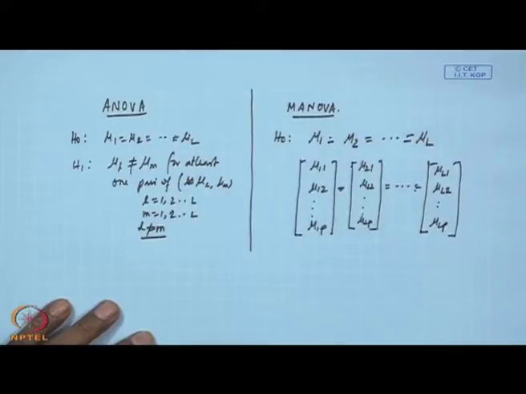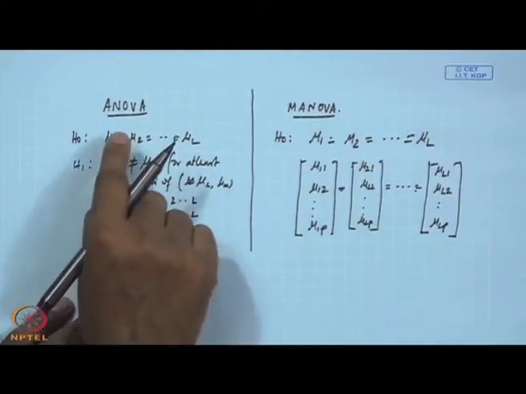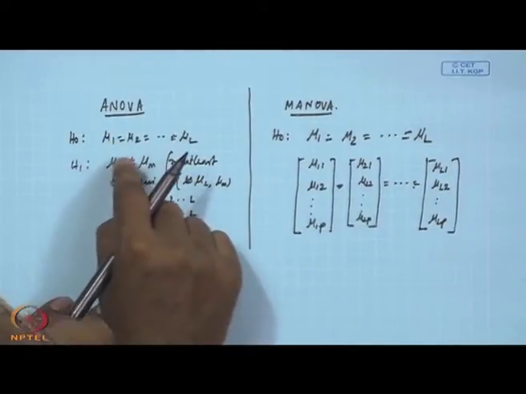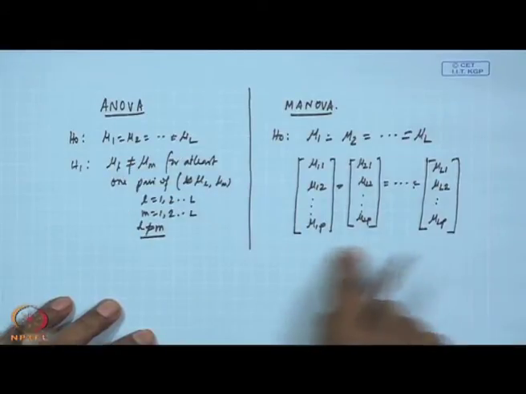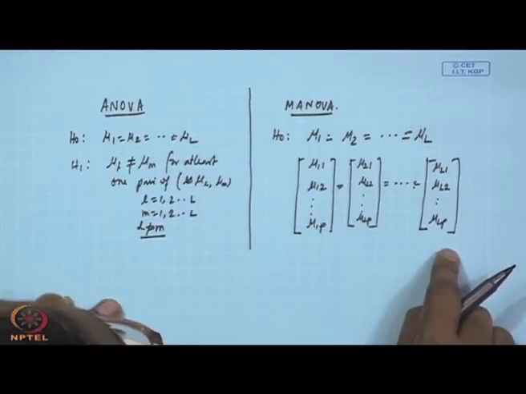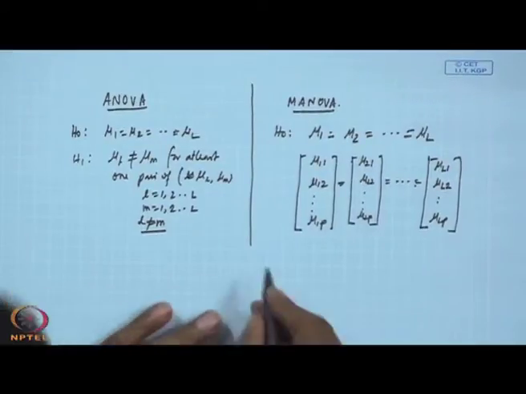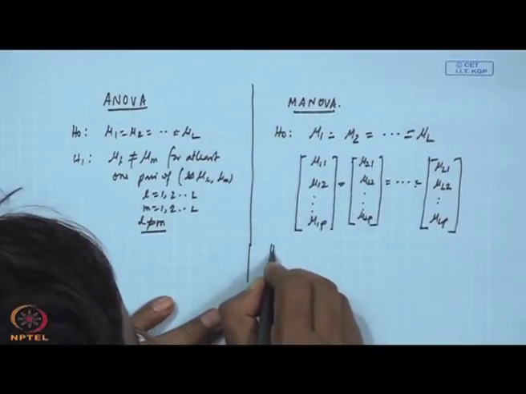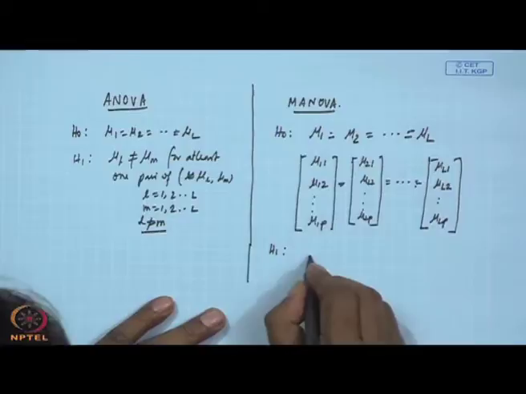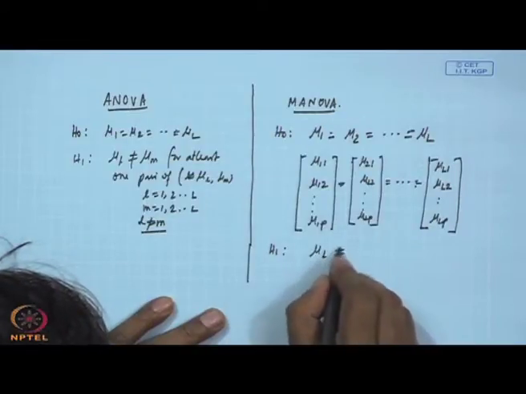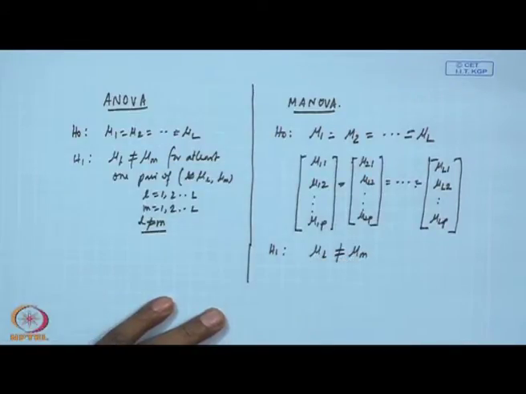That is the difference. In ANOVA case it is a scalar quantity, in MANOVA case it is a vector quantity. And your alternate hypothesis is that mu L not equal to mu m.